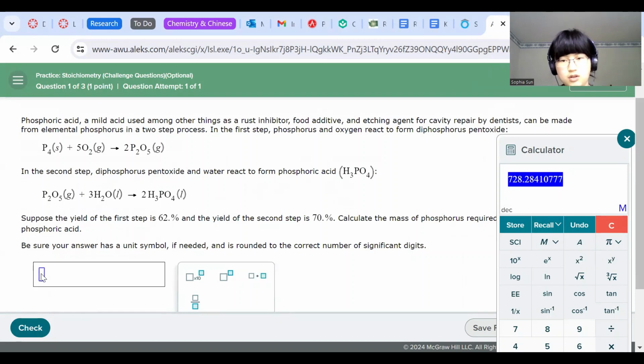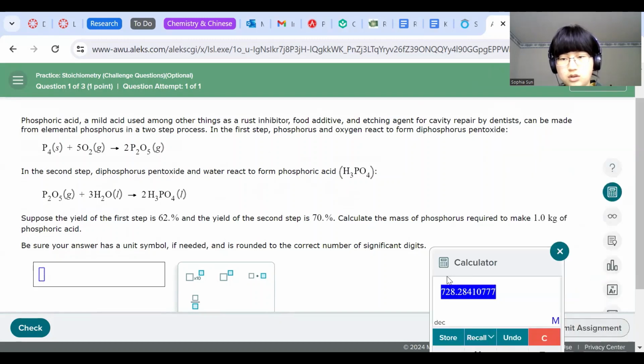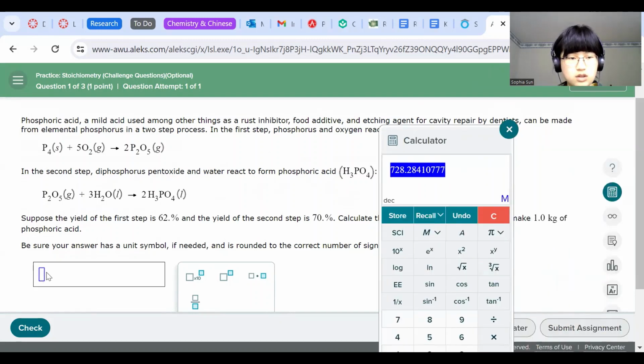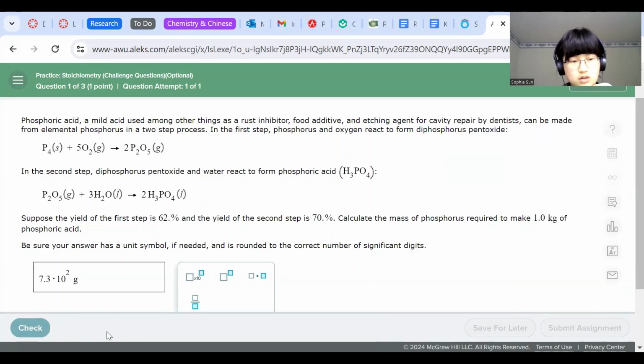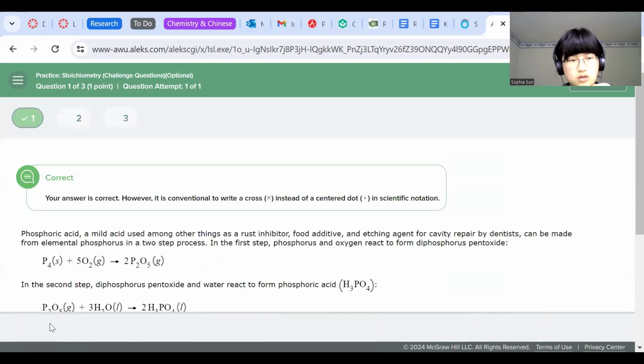And now we have 728. So to account for the sig figs, I'm just going to do 7.3 times 10 to the power of 2, and then add the unit symbol of grams. All right.